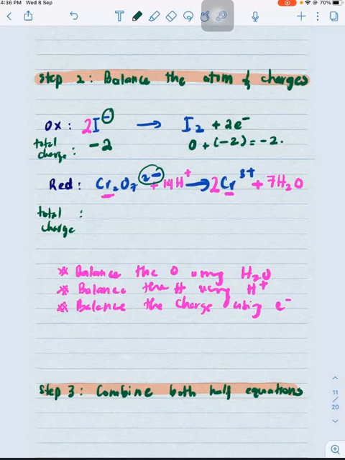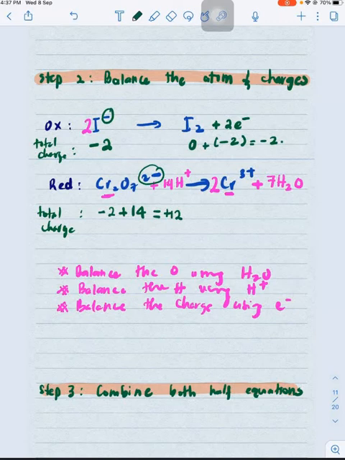Dekat bahagian reaktan, kita ada Cr2O7 2-, yang mana kita tahu total charge dia adalah -2. So kita pun tulis -2. Tapi jangan lupa, kita kan ada 14H+. So 14H+, H+, 1H+, dia punya charge is +1. Tapi kita ada 14 mol. Maknanya, dia kena tambah dengan 14. Okay, positif 14, sebab kita ada 14 mol of H+. So total kat sini? +12. Negatif ke positif? Positif.